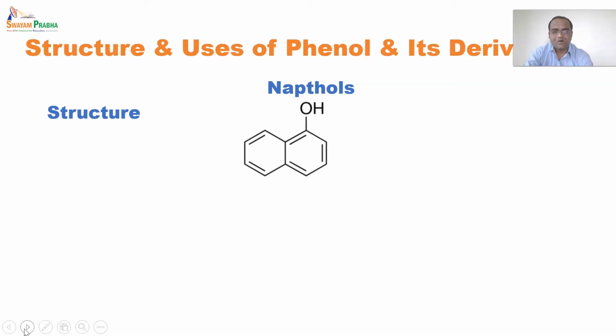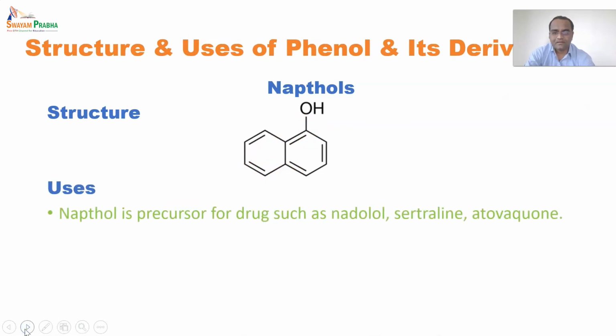And beta naphthol, also called 1 naphthol and 2 naphthol. Depending on the position of the OH group, if it is at the first position, it is said to be 1 naphthol or alpha naphthol. Naphthols serve as a precursor for drugs such as nadolol, sertraline, and atovaquone.